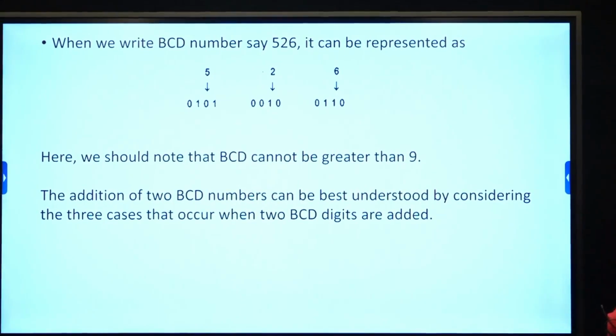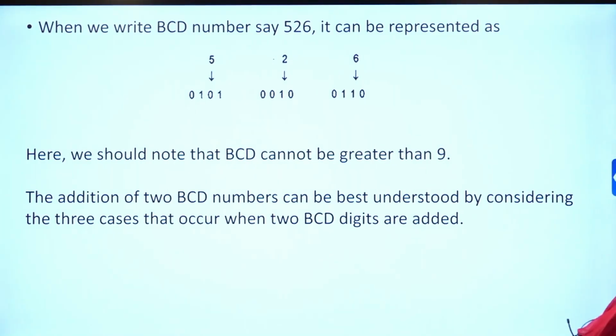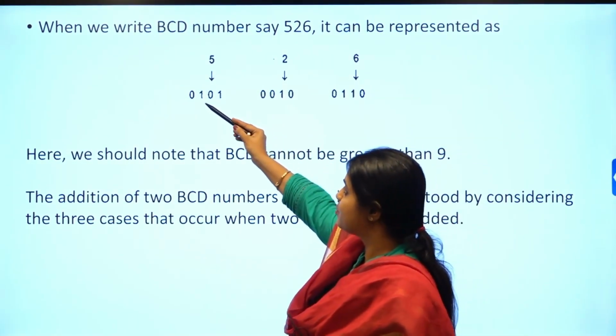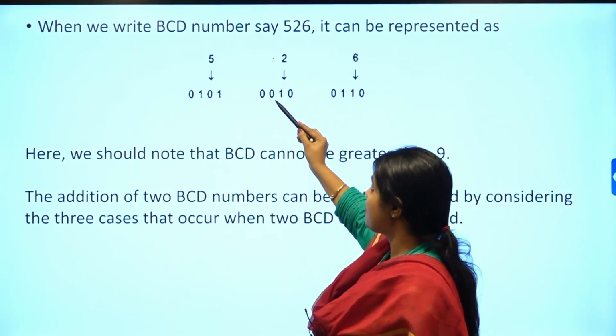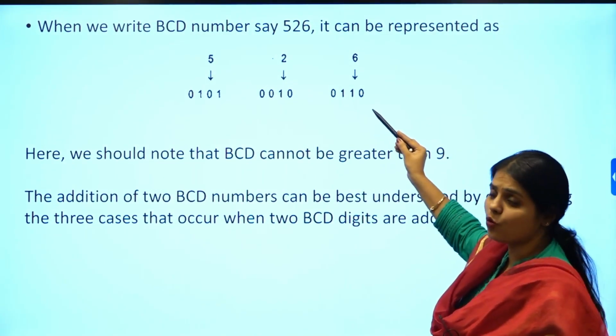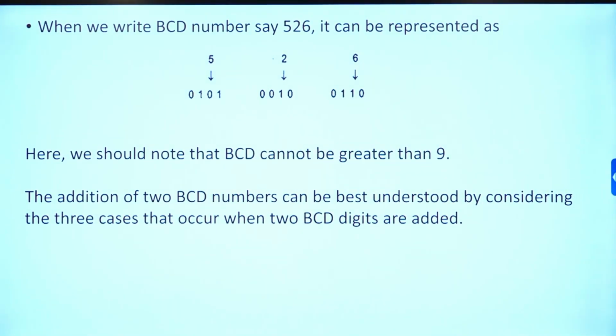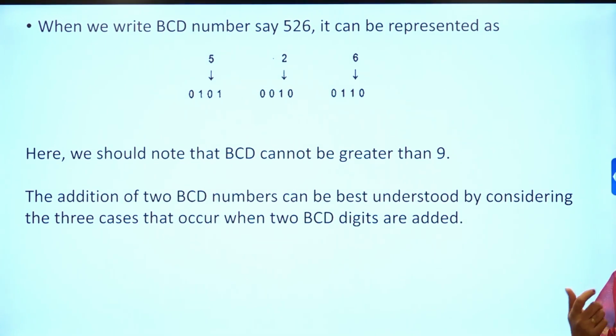When we write BCD numbers, let's take an example, 526. How do we represent 5 as a binary number? 0101. 2 we represent as 0010, 6 we represent as 0110. Here we should note one point: BCD numbers do not exist above 9. BCD numbers are from 0 to 9.